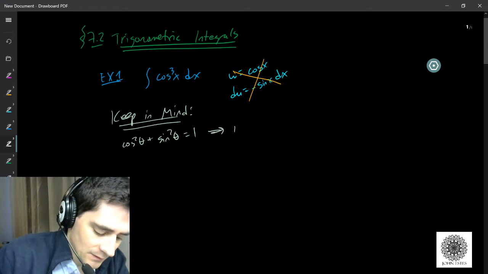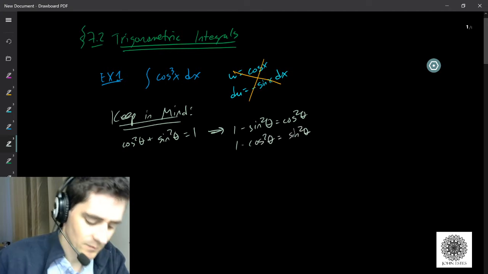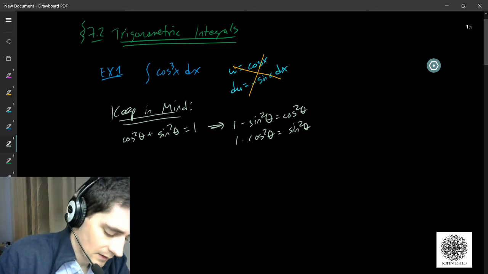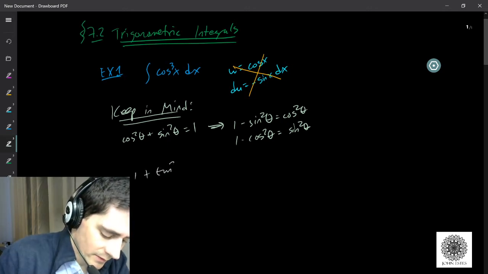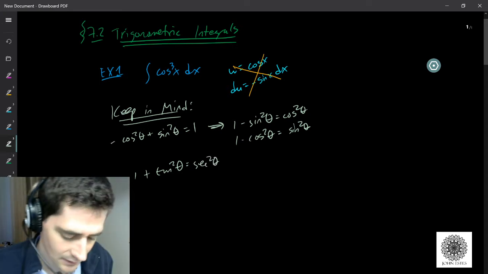And we need to be able to manipulate that algebraically. So 1 minus sine squared is cosine squared, or 1 minus cosine squared is sine squared. We're going to use both of those facts. Another one is that 1 plus tangent squared equals secant squared. We'll need to use that one. That's also a Pythagorean identity.